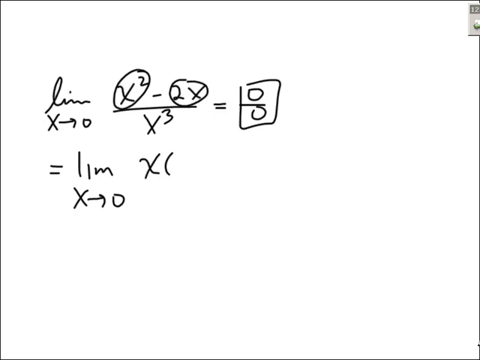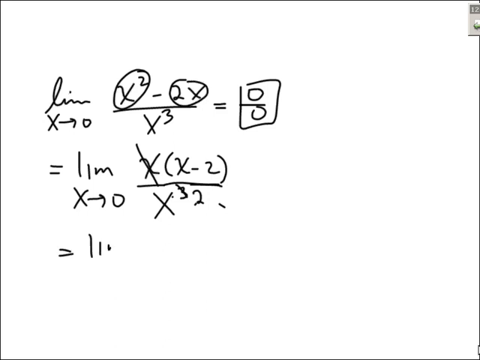I'm going to factor out an x from the top. And just remember that x cubed means x times x times x. So you can kill off one x from the top and one from the bottom. I killed off an x factor on the top, and I have 3 x factors on the bottom, and when I kill off one, I have 2.